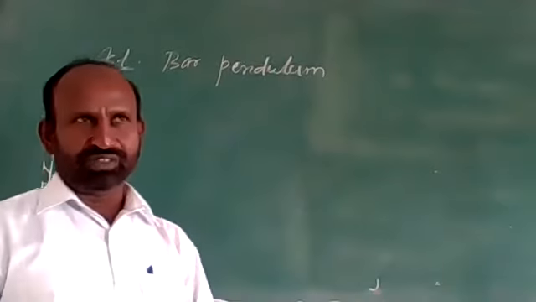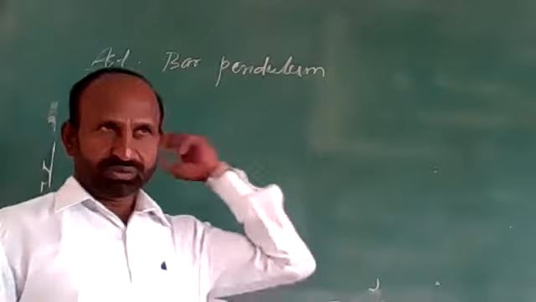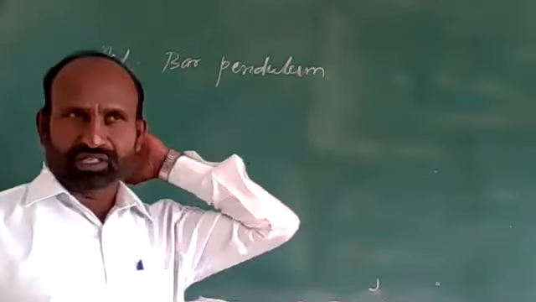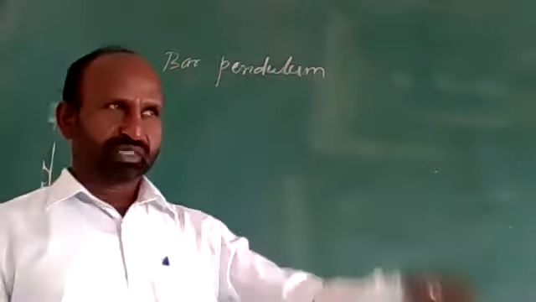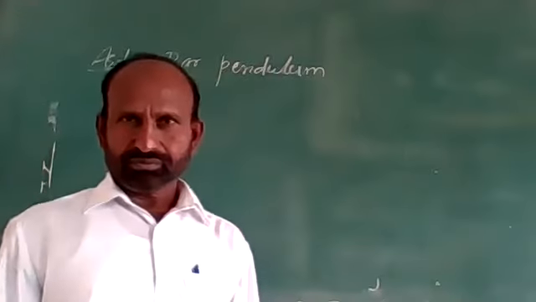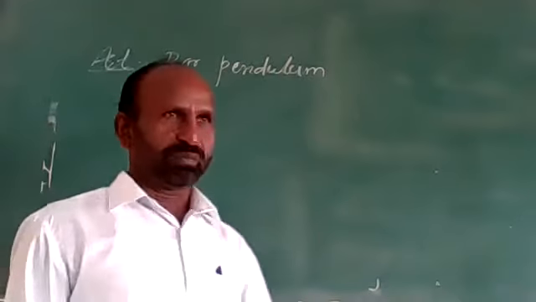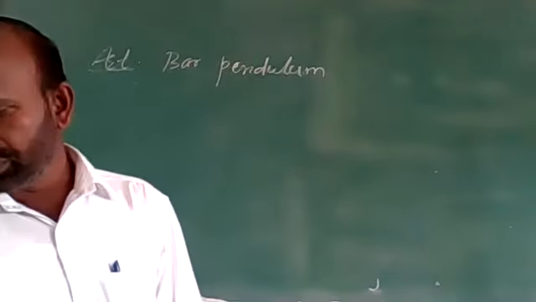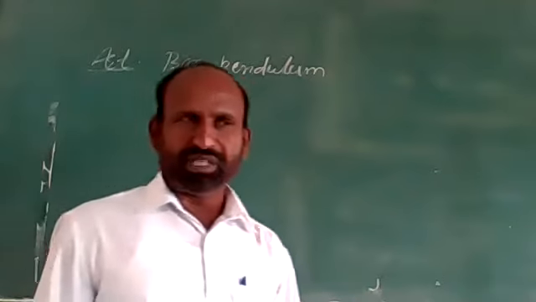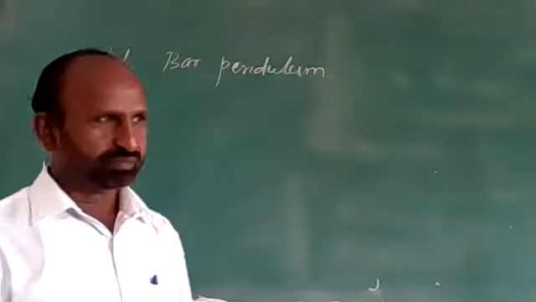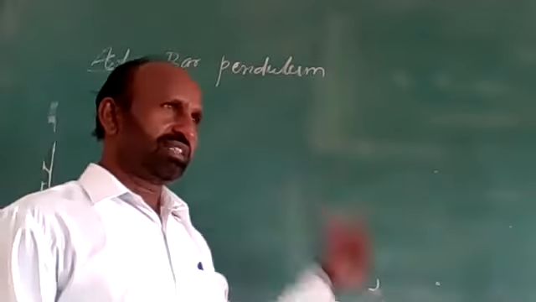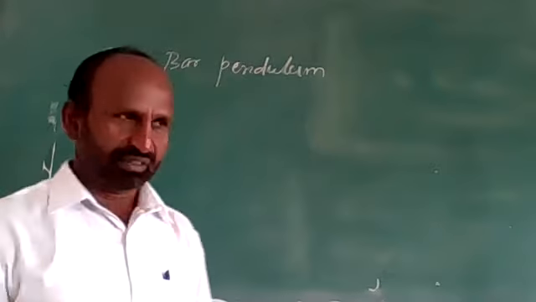Acceleration due to gravity. Now I have told you the construction of that pendulum, how that pendulum is used in the experimental work, and how we can obtain the acceleration due to gravity by using that pendulum. All these things are already discussed in the theory period as well as in practical period.